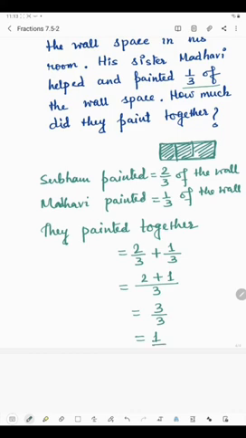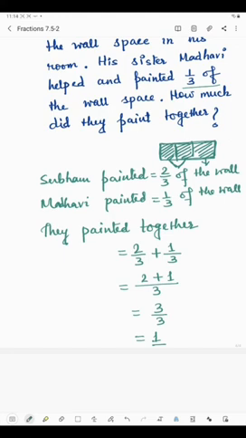Now 1 means complete. 1 means complete wall. So from the figure only we came to know that when Shubham painted these 2 parts and Madhavi painted these parts, then full wall is painted, right? So 1 means complete wall is painted.